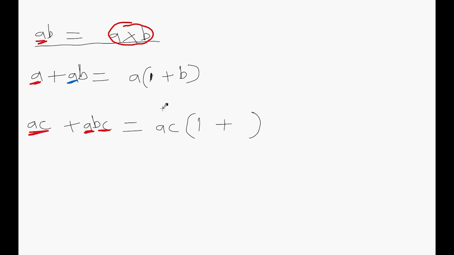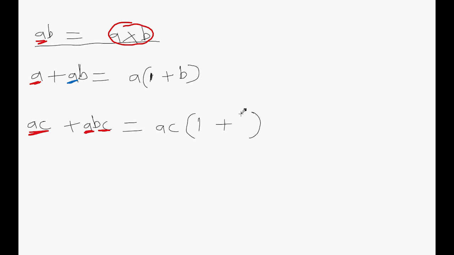And of course there are going to be times where keeping the plus sign might vary, but for now let's just stick to the basics. So now the next goal is to find what you would multiply AC by in order to get back ABC.